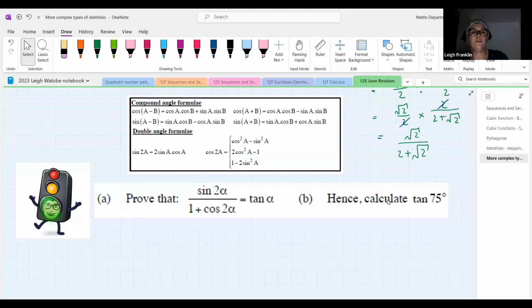There we go. Good. All right, so this wasn't as difficult as our example.